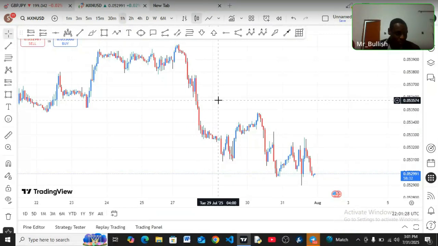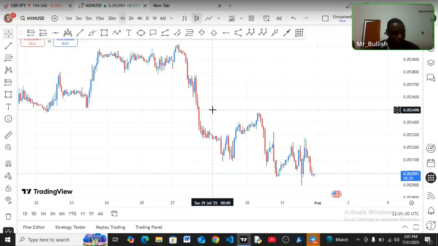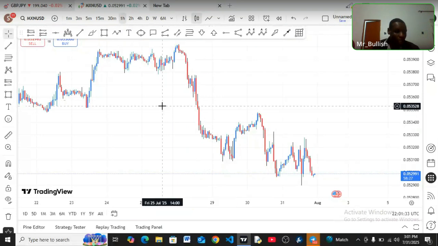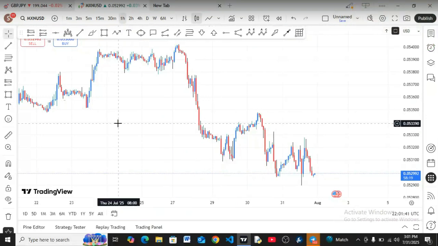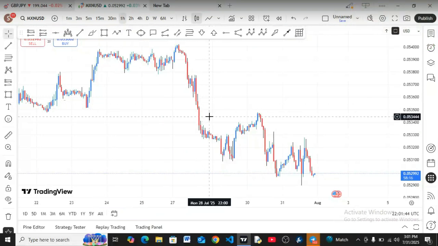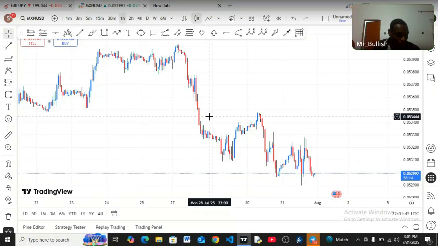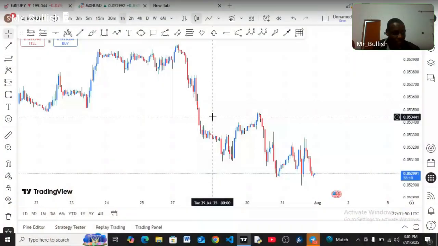They represent the two sides of a transaction. Ask price: this is the lowest price a seller is willing to accept for an asset. Then bid price: this is the highest price a buyer is willing to pay.